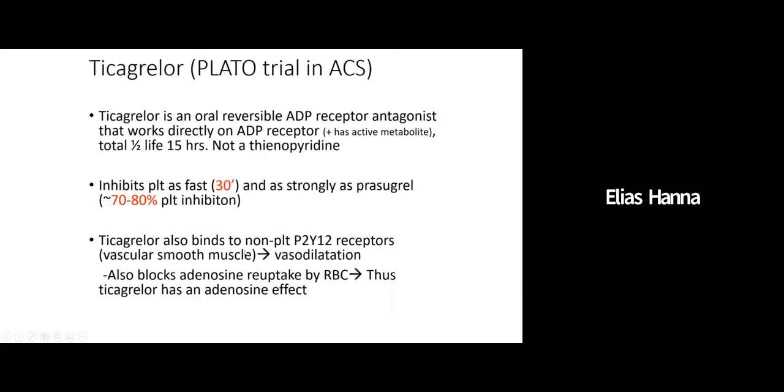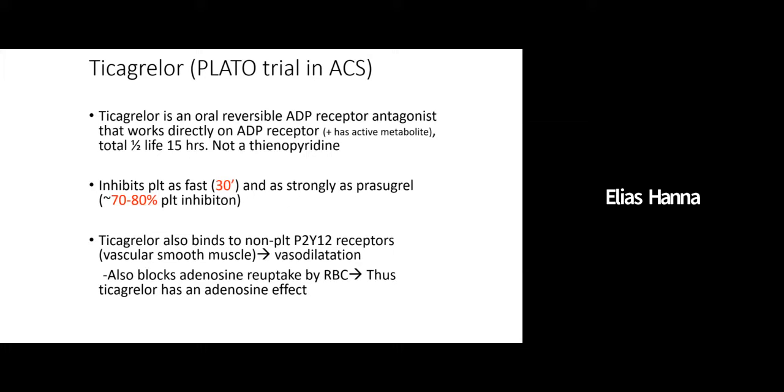It also has other properties. It binds to non-platelet P2Y12 receptors, so it has some vasodilatory effect. It blocks adenosine reuptake by red blood cells, so it has some adenosine effect. That could be a contributor to the dyspnea that you get with up to 5% of patients with ticagrelor.